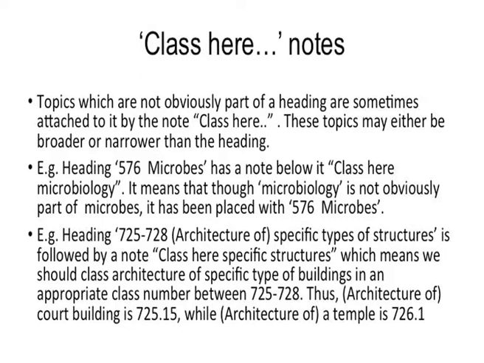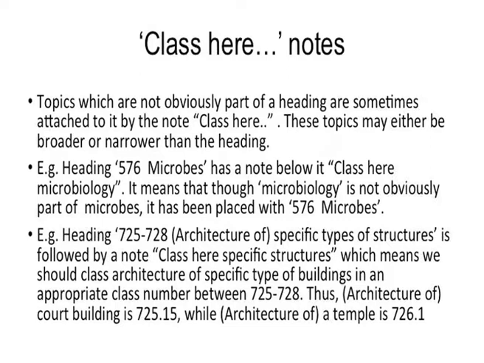So, we take another example of this type, where the heading 725-728 is architecture of specific types of structures. It is followed by a note, class here specific structures, which means we should class architecture of specific types of buildings in an appropriate class number between 725-728.